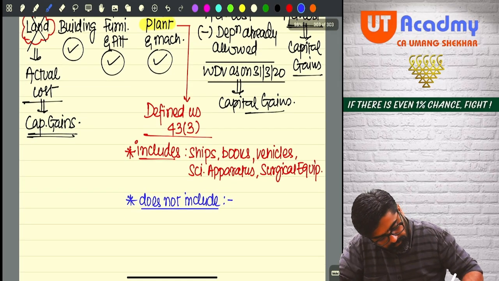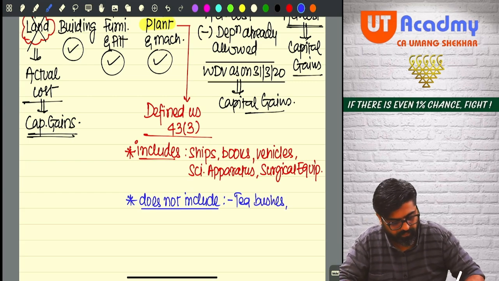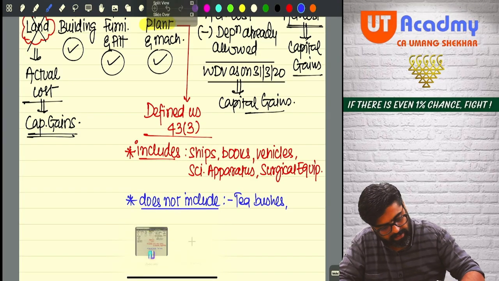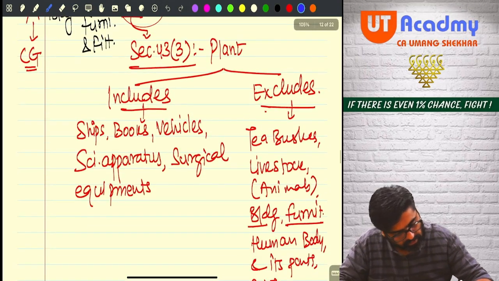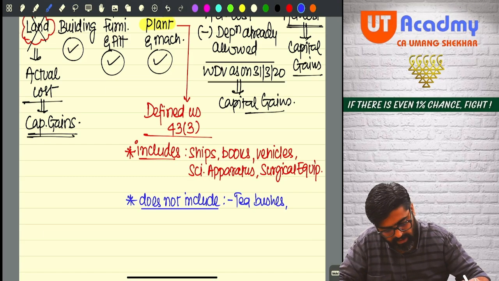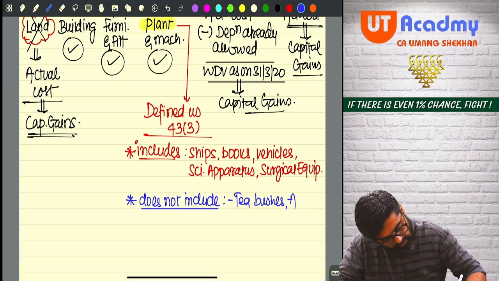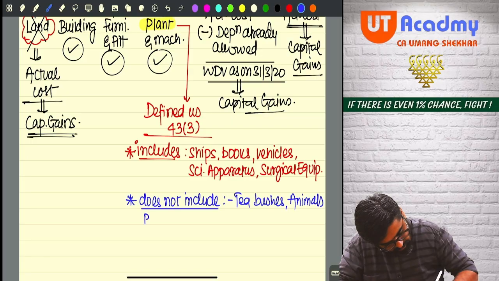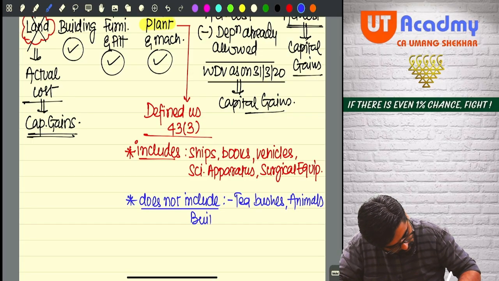number one, tea bushes. Then what else? Animals, buildings, furniture and fittings.